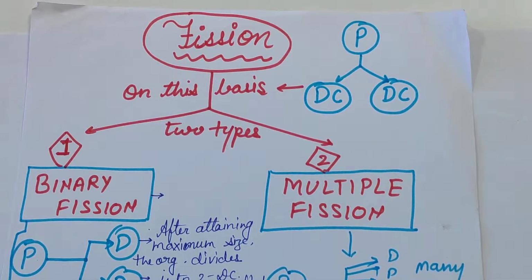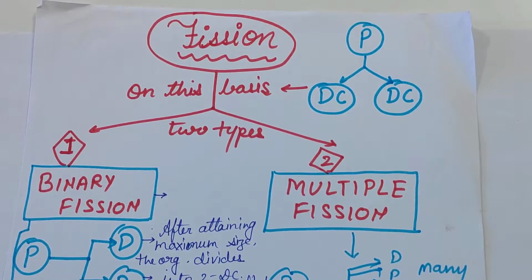Dear students, you know very well what we mean by splitting. Splitting occurs in the nucleus first and then the cytoplasm. That means the nucleus divides first and then the cytoplasm divides. So in fission, first karyokinesis occurs and second cytokinesis occurs.